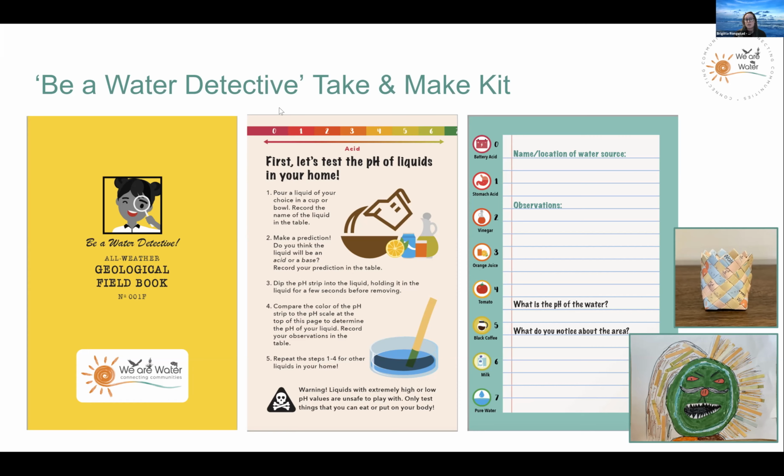But all of the information is contained in this single booklet. The kit also provides pH strips and recycled paper strips for some of the activities in the booklet. So everything that patrons might need to do these activities in the booklet is provided with the kit itself. And the kit is split up into two main themes.